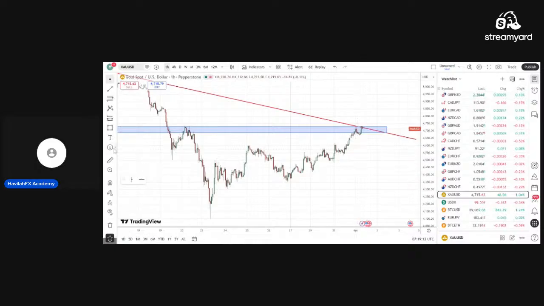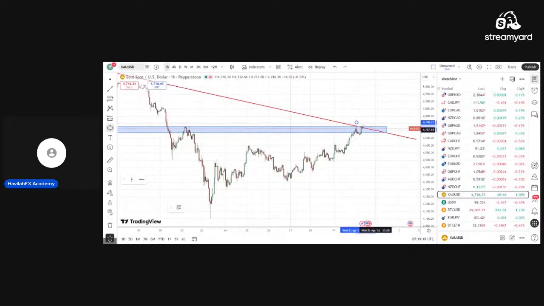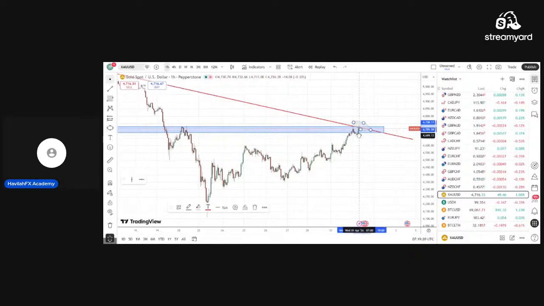So this point now becomes our confluence, where the trend line and the support turned resistance meet. But then two things could happen at this point. Price could break out to the upside, possible, or break out to the downside.